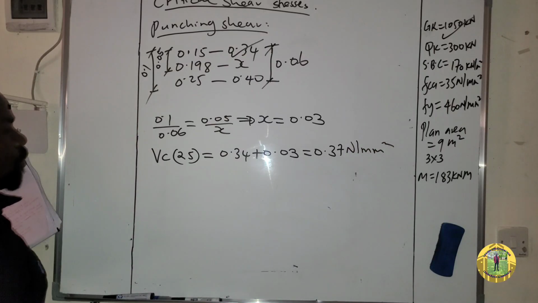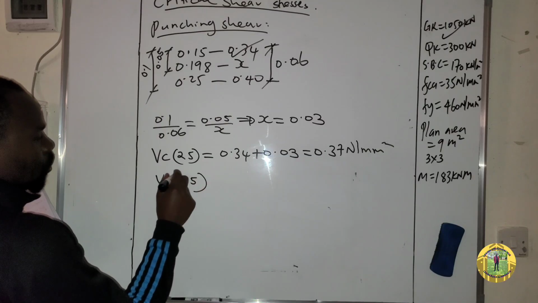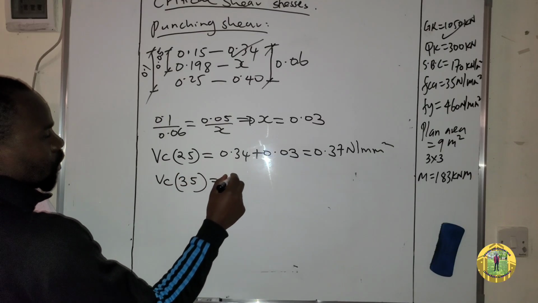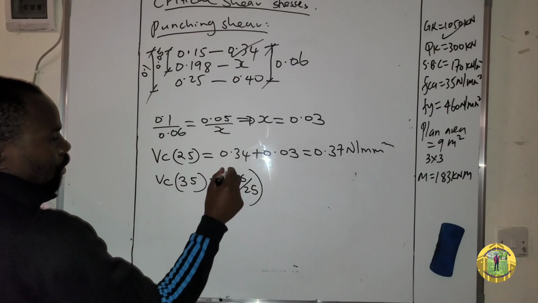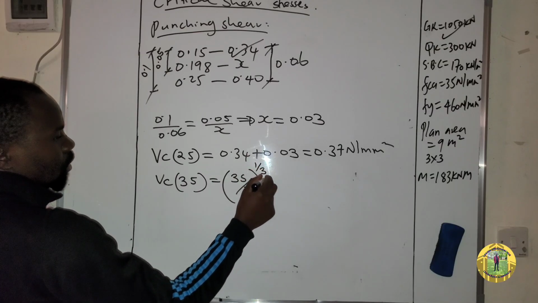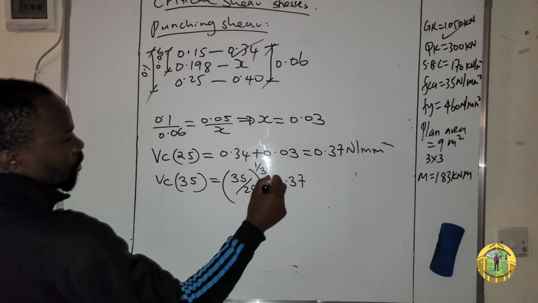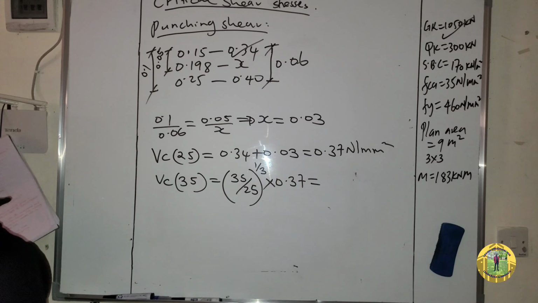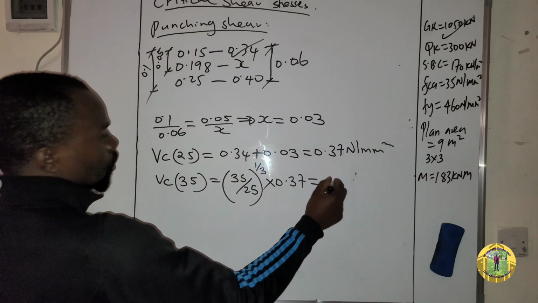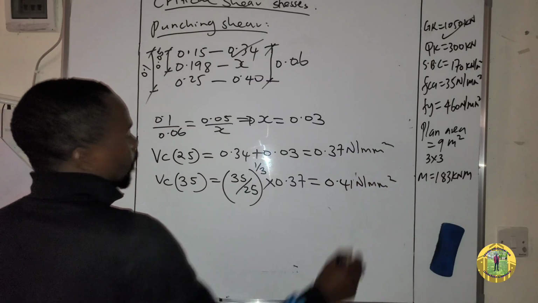But we want our vc for class 35 concrete. So this one is equal to 35 over 25 raised to the power of a third times 0.37. So this one is equal to 0.41 Newton per millimeter square.